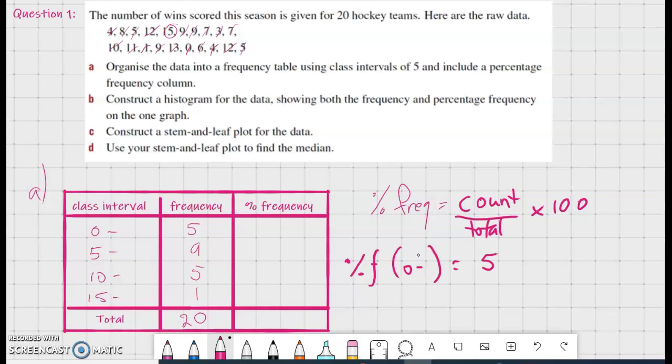We've got 5 as the number of times that occurred, divided by 20, multiplied by 100, equals 25%. I'm not going to write percentage again because it's written up there. Now, these two scores were the same, so I'm just going to make life a bit easier and put that in there.